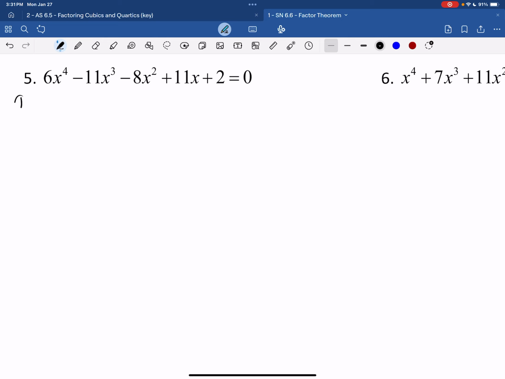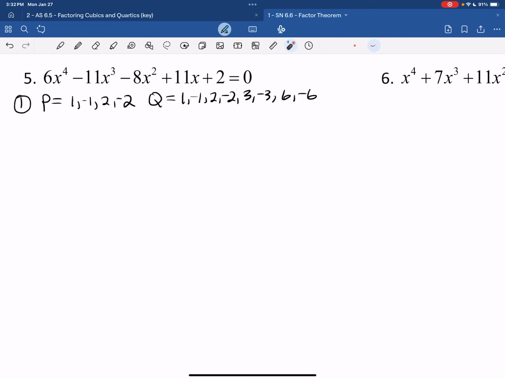For number 5, step 1, P is equal to 1, -1, 2, -2, because those are all the factors of my constant. Q is 1, -1, 2, -2, 3, -3, 6, -6, because remember, Q is all the factors of the leading coefficient.